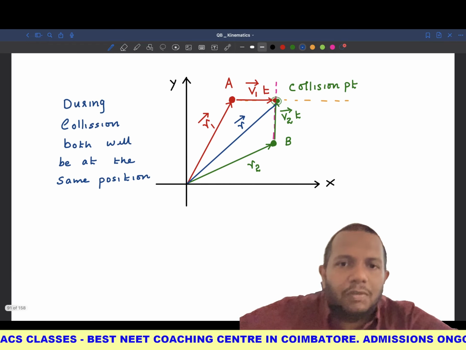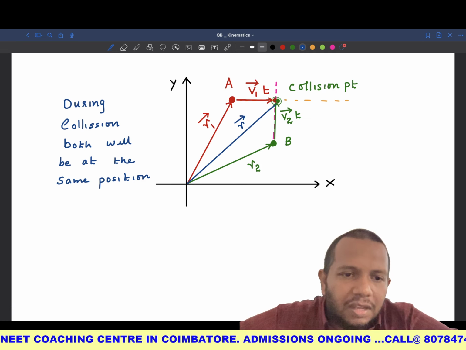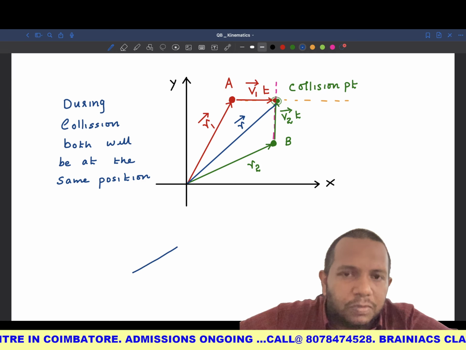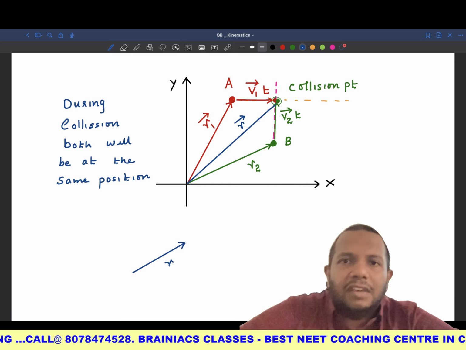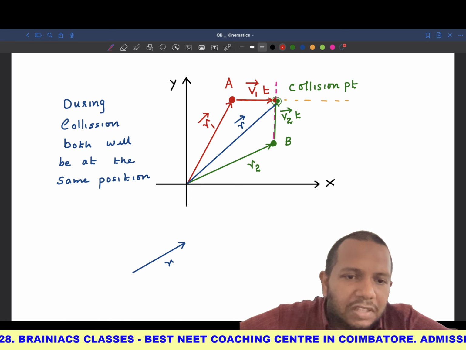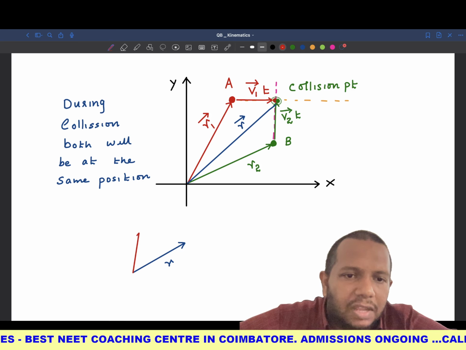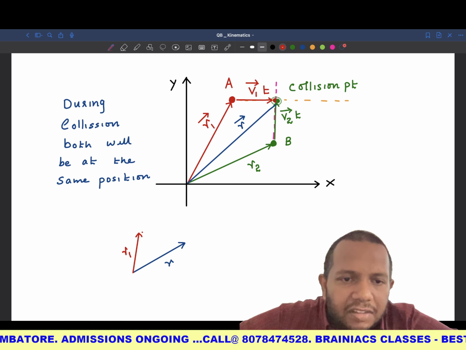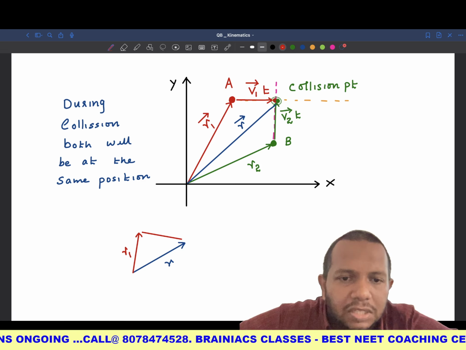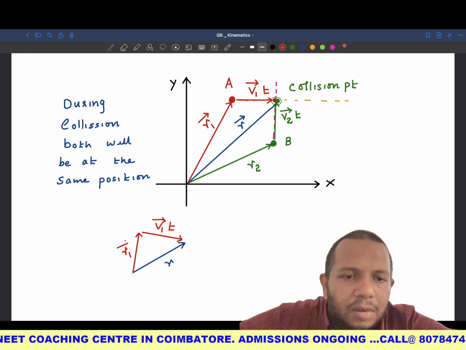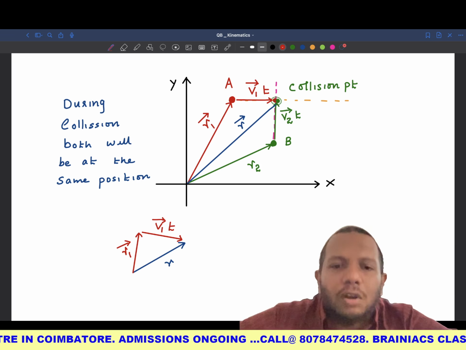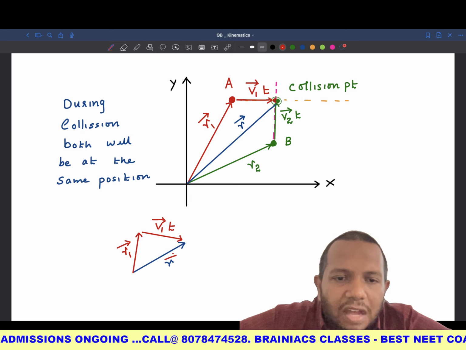So triangle law, how will you apply? You can see here, this I am redrawing. So this is my position vector r, and you can see this is the position vector r1, that is the initial position. It has traveled this much to this particular point, and that is v1 into t. So if you apply triangle law, we can easily write what r is here.